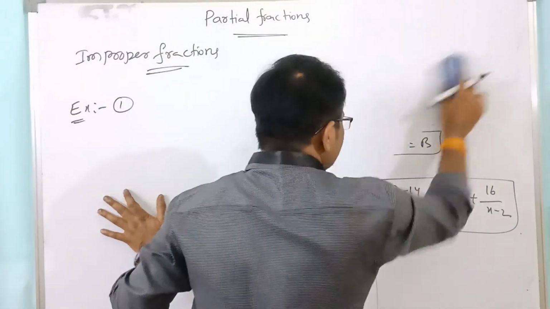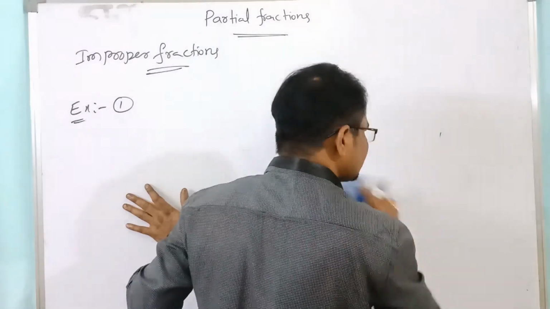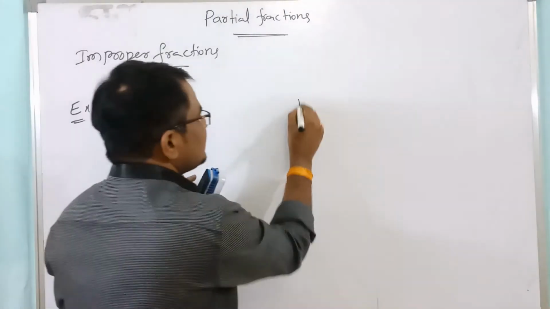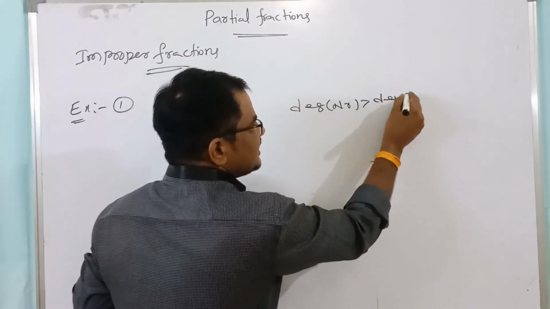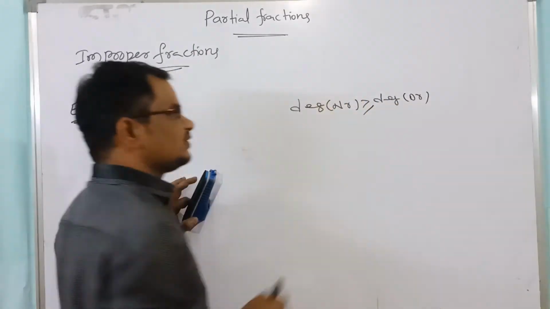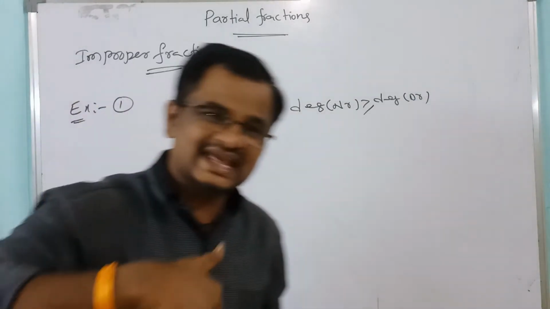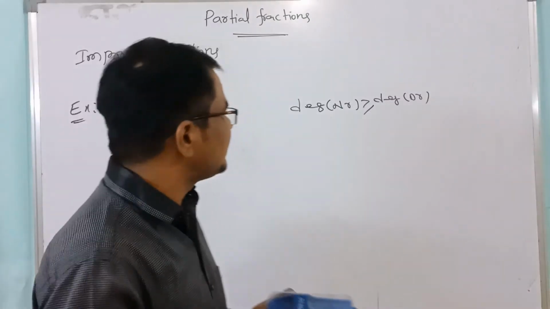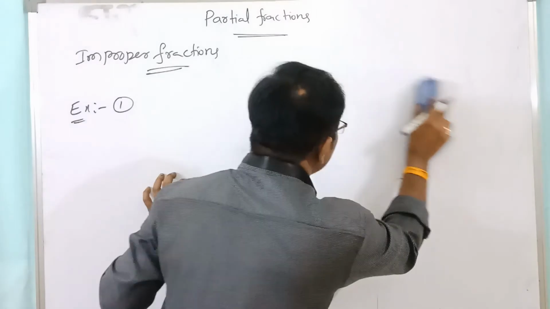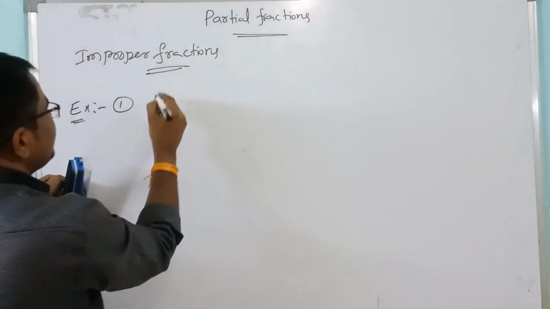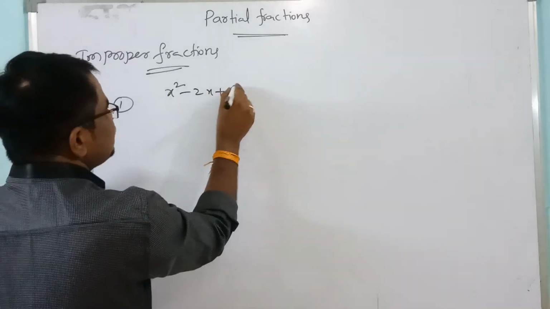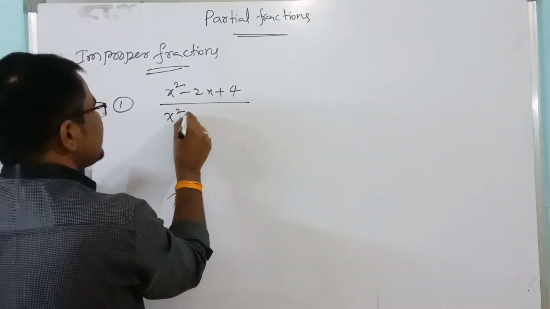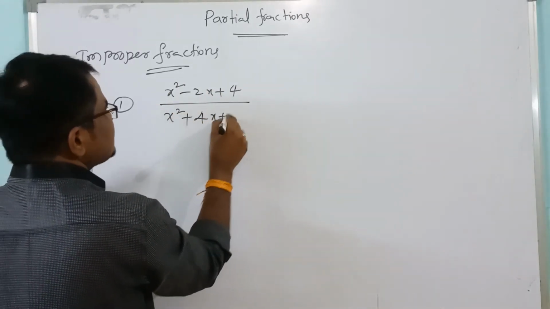An improper fraction means the degree of numerator is greater than the degree of denominator, or equal to also. If the degree of numerator is greater than or equal to the degree of denominator, then that is an improper fraction. Like this, suppose they give x square minus 2x plus 4 divided by x square plus 4x plus 3.